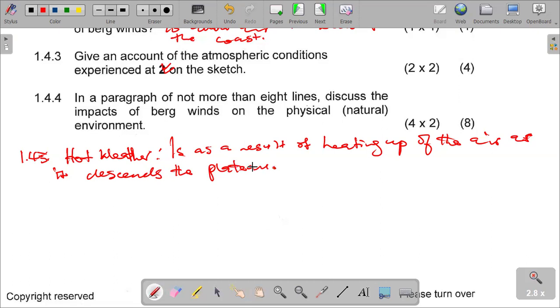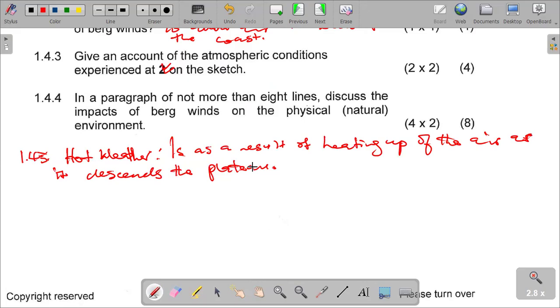Remember the aerodynamics, what happens with the air: when it is falling down, it heats up. When it rises up, it cools down. Those are air dynamics. So what I'm saying is that the air heats up as it descends from the plateau.